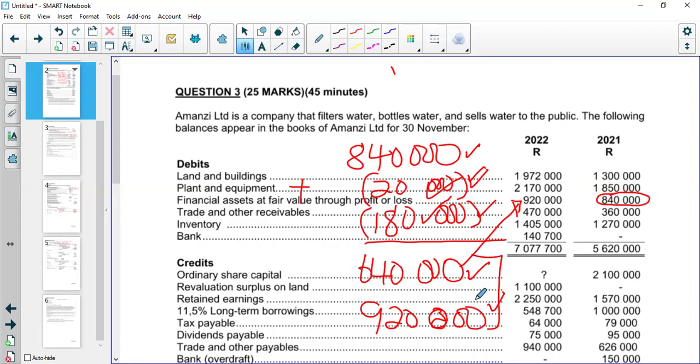So we said minus 920. Then you can see that it's 280,000 which were purchased. All right, so we purchased financial assets worth 280,000.